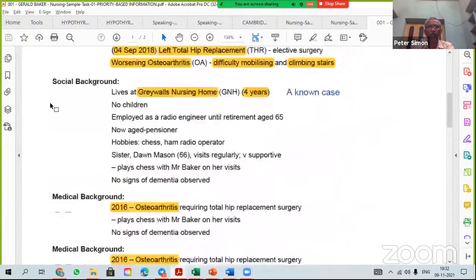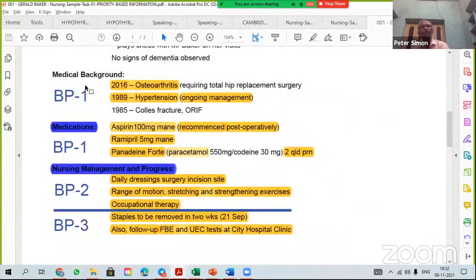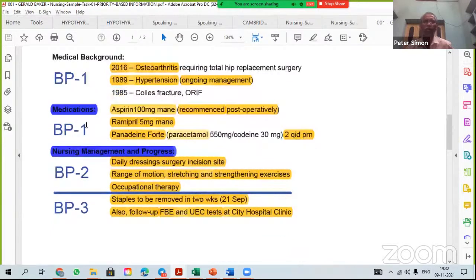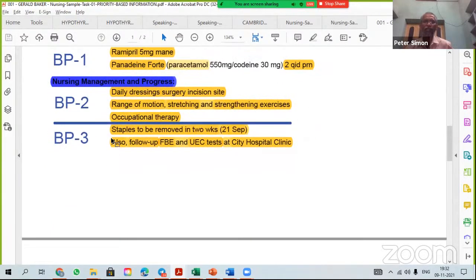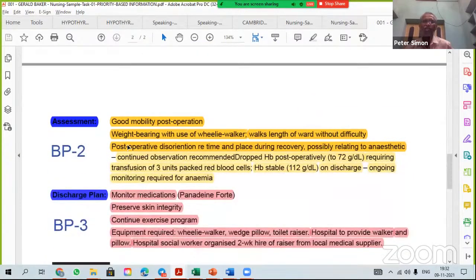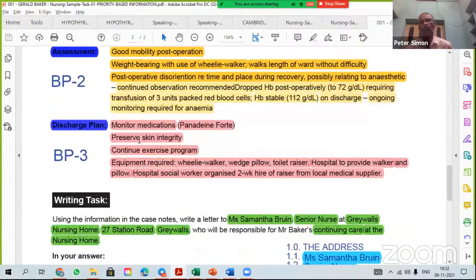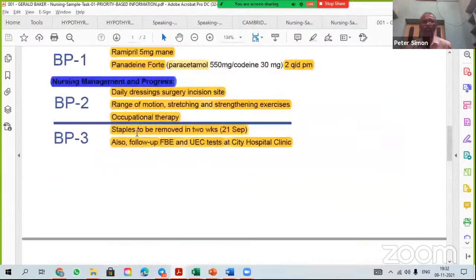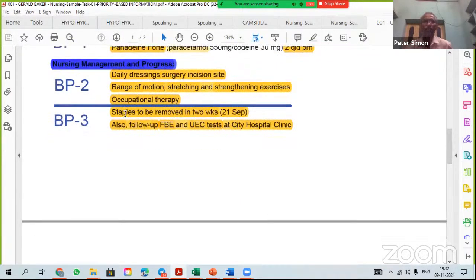Body paragraph 1: medical background and medications. Nursing management and progress are body paragraph 2. Assessment is body paragraph 2 and discharge plan is body paragraph 3. The staples to be removed after discharge, that is body paragraph 3, and follow-up activities, body paragraph 3.